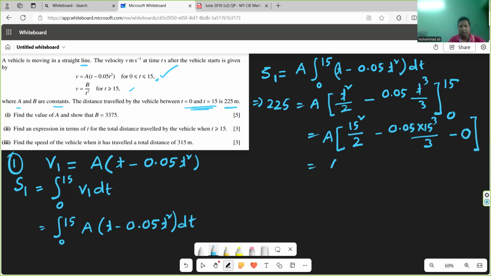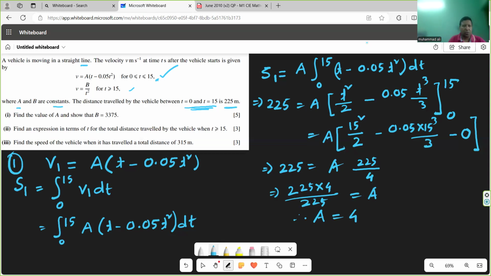Now if we simplify, we get a multiplied by 225 over 4. The left side was 225. Now, cross multiplication: 225 multiplied by 4 divided by 225 equals a. So a equals 4. So the value of a we get is 4.